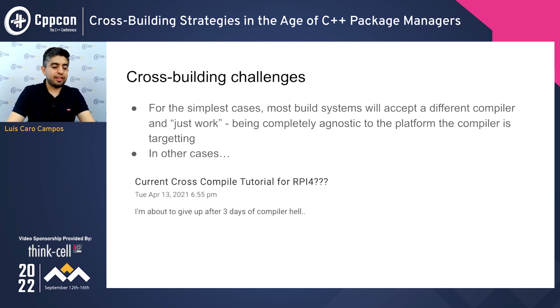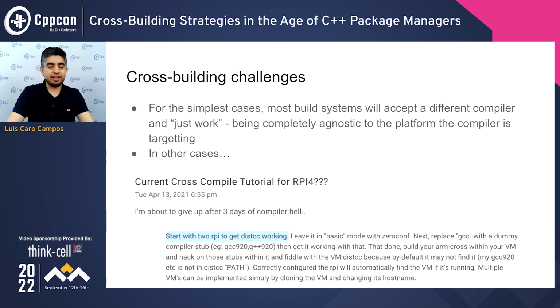What surprised me was one of the replies: if you want fast builds, get another Raspberry Pi, connect them together, and set up a distributed compilation cache. So that's going to be my talk next year, but today I'm going to focus on this one. Imagine the frustration of somebody going through that. And I'm not sure how good that advice is, because you have to wait like 8 months to get a Raspberry Pi.